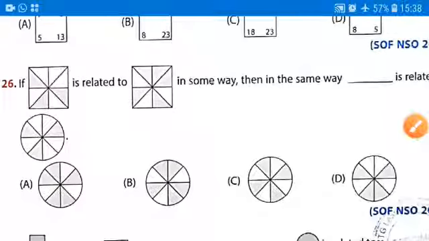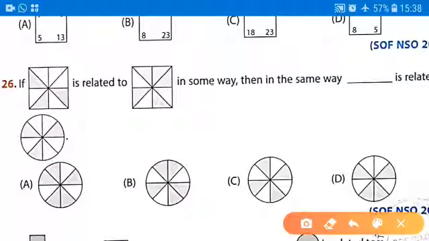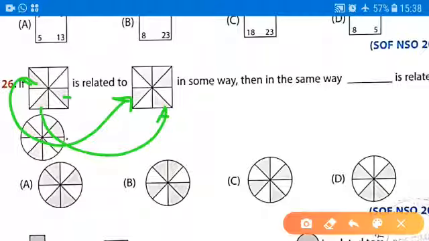First of all, as you can see here, it has three shaded portions, and this first shaded portion is rotating anti-clockwise. In the same way this shaded portion is rotating anti-clockwise, this shaded portion is also rotating anti-clockwise, and two more shaded portions are added to the figure. The same relation we have to follow.